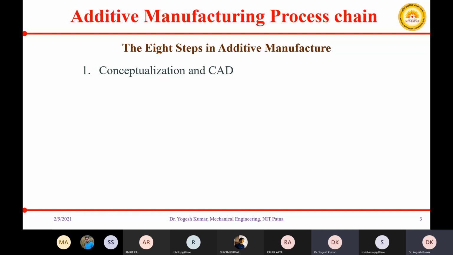Once you know the dimensions, what is the width, height, length, the shape, how much radius, what is the thickness, each and every parameter related to this water bottle, you will note down, and accordingly you will prepare a CAD model in any CAD modeling software like AutoCAD, Pro-E, CATIA, or SolidWorks, whatever you are using.